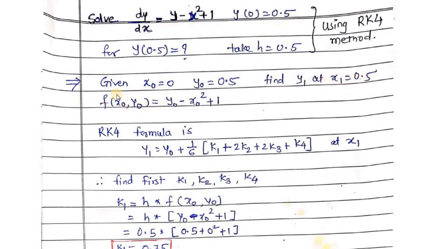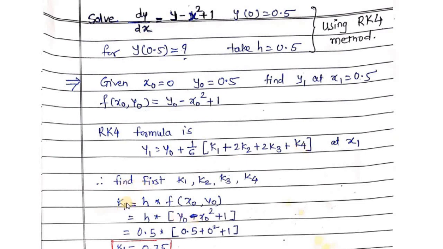So what is our function? Function is y minus x square plus 1. So f of x0, y0 becomes y0 minus x0 square plus 1. Runge-Kutta fourth order formula is y1 equal to y0 plus 1 by 6 into (k1 plus 2k2 plus 2k3 plus k4), and this is at x1. So to find y1, we need to calculate all these k1, k2, k3 and k4.